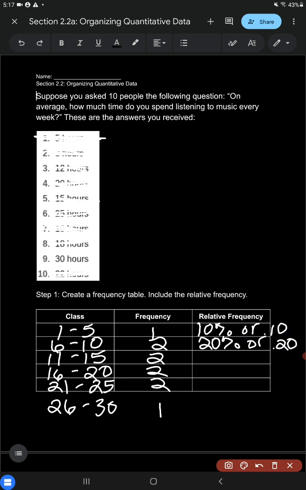And I'm not going to list that in the next two boxes, but they would be exactly the same. And then once we get to the end, we have one person again, and that was 10% or 0.10. So I always want to double check my work. My percentages should add up to 100%. Okay?